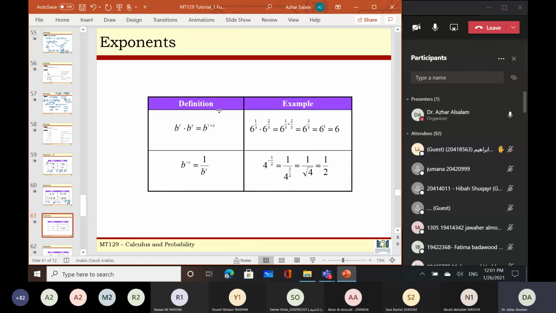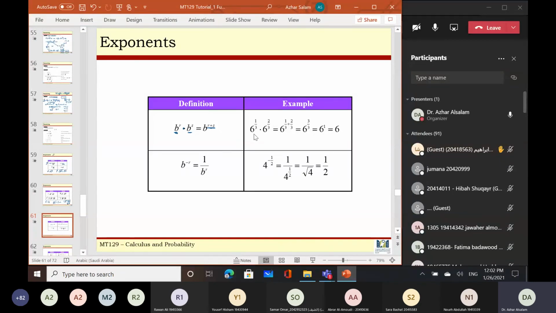Okay, the exponents, when I have a product. When I have multiplication with two bases and the bases are equal, I add the exponents. If the bases are equal in a multiplication operation, notice here it is multiplication, I add the exponents. It is essential that the operation is multiplication, not addition. When the bases are equal, b multiplied by b with different exponents, I just add the exponents together.